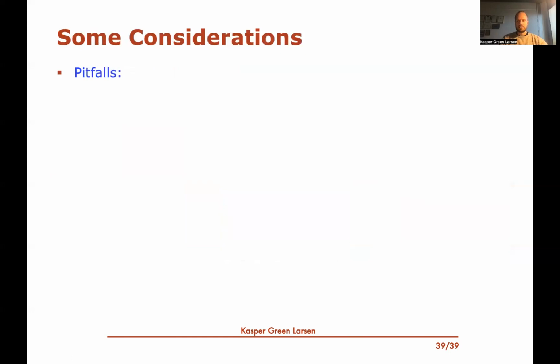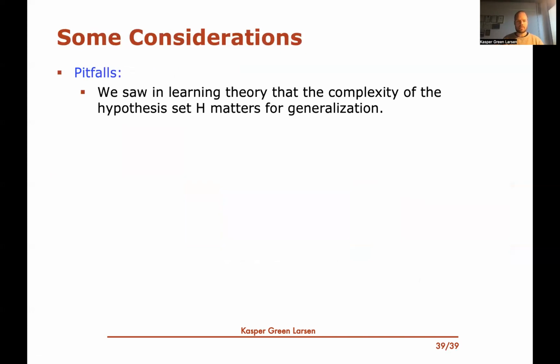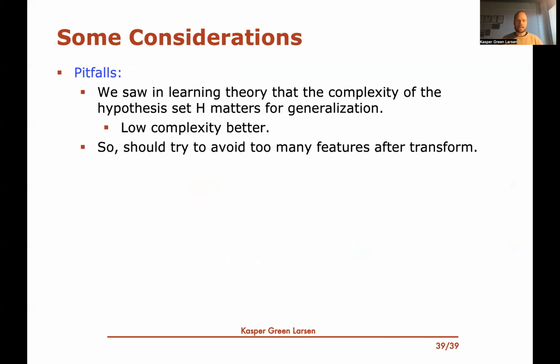Okay. So maybe let's just conclude with a couple of considerations that are worth taking into account. One is that we saw in some of the learning theory videos that the complexity of the hypothesis set matters for generalization, and low complexity is better. In some sense, we also had this argument early on that maybe one should try to avoid having too many features in the feature transform vector.